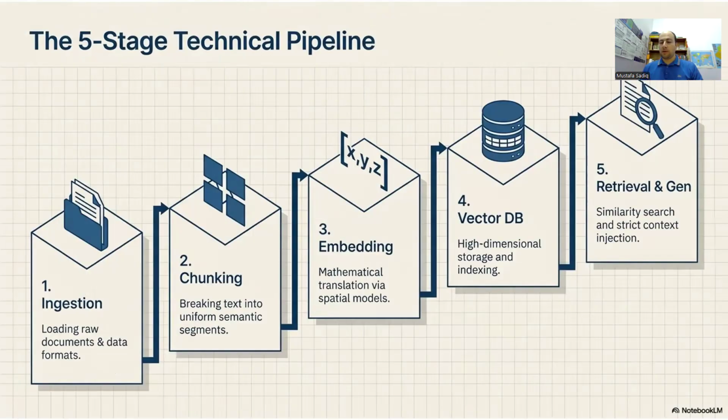Here, to know a little bit more about the architecture of these retrieval augmented generation large language models, there is this 5-stage pipeline that started with the ingestion, loading the raw data or documents in different data formats, then chunking, or breaking the text into uniform semantic segments, then the embedding, which is converting this text or natural language into numerical vectors, a mathematical translation via spatial modeling.